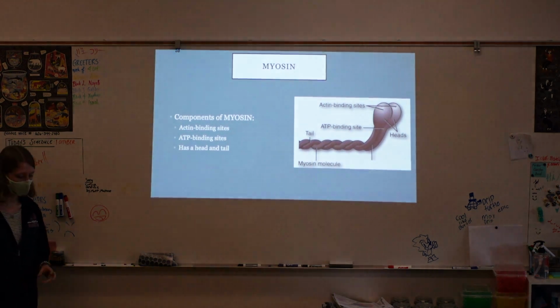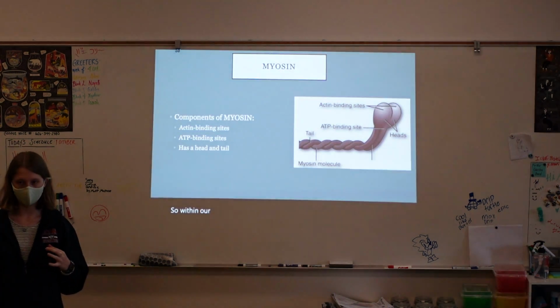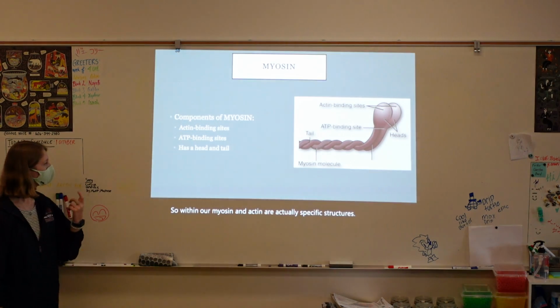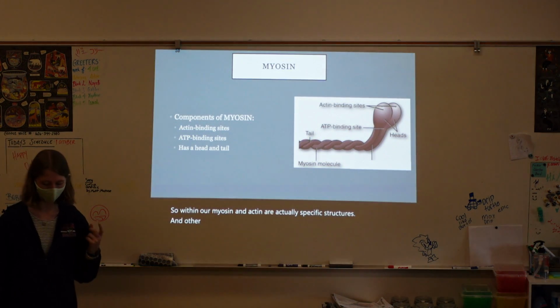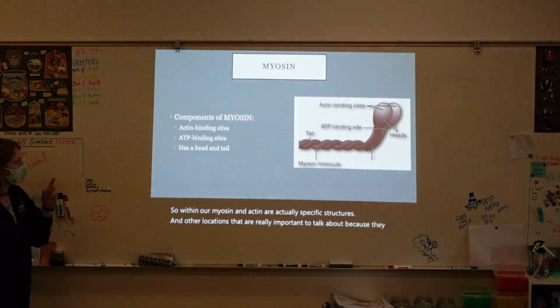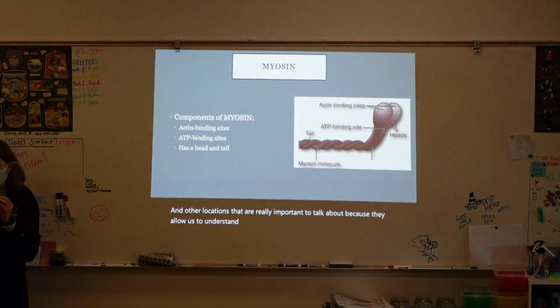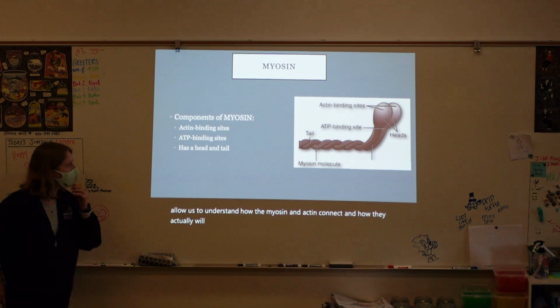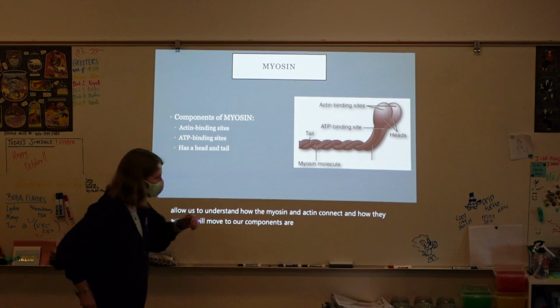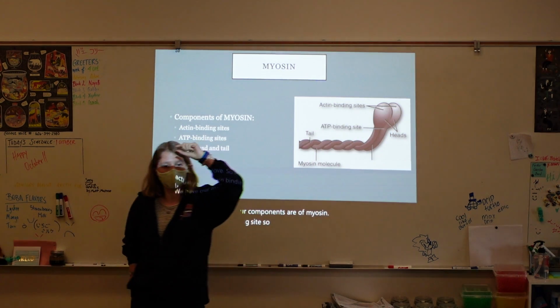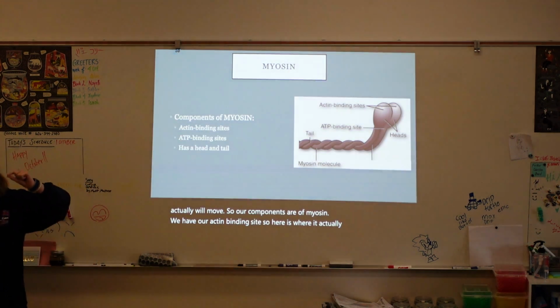So, within our myosin and actin, there are actually specific structures and locations that are really important to talk about because they allow us to understand how the myosin and actin connect and how they actually will move. So our components of myosin: we have our actin binding site, where it physically connects with the actin.